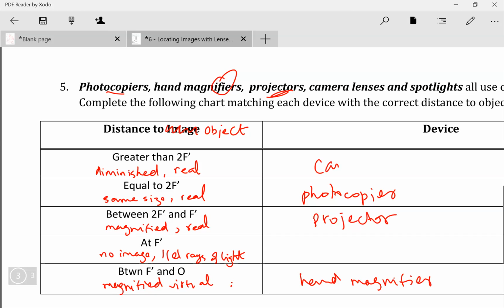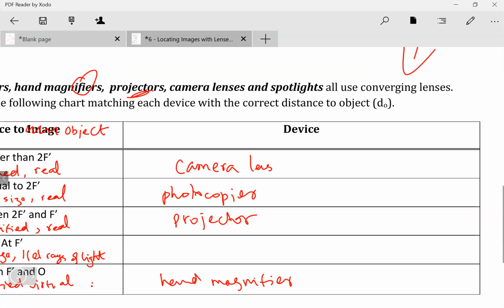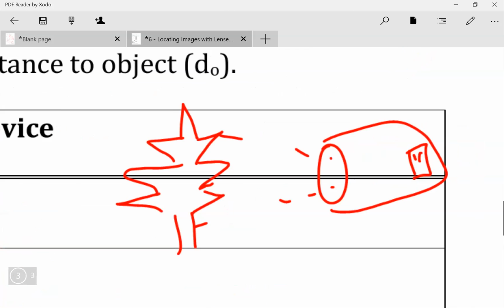Camera lenses go over here because if you take a picture of an object, let's say a tree, and I gave my best shot at a Christmas tree, this is your camera, you're absorbing all the right light rays and focusing them on this film over here.